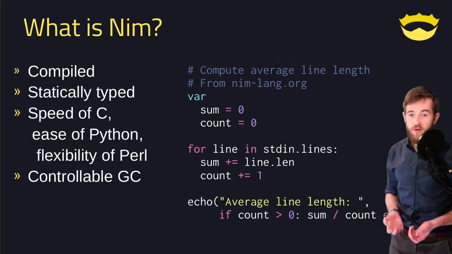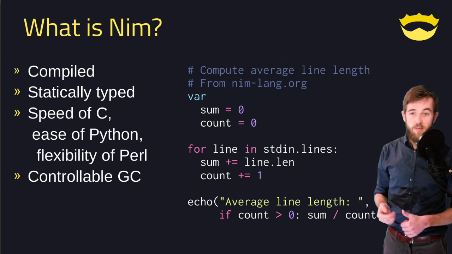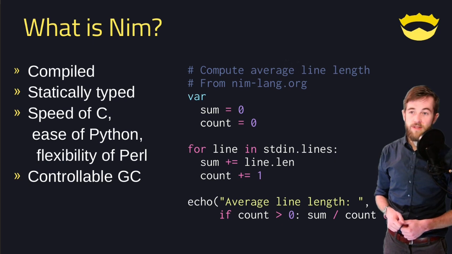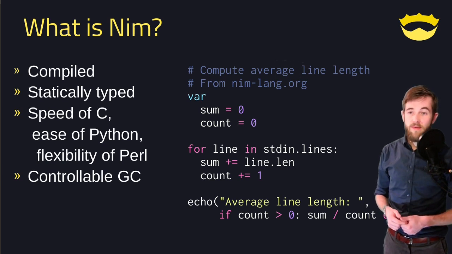For those of you who haven't heard of Nim, Nim is a compiled language. It compiles via C or C++ for these kinds of targets. It also can compile to JavaScript if you want to run web stuff, but that wouldn't work on a microcontroller. It is statically typed.